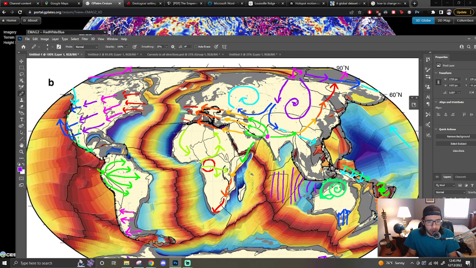So I guess if this current's here, right here, basically dividing there, this current from over here must be generally coming in this way. So right around there. Unrelated to this chunk, but regarding Australia, because they move relative to one another.